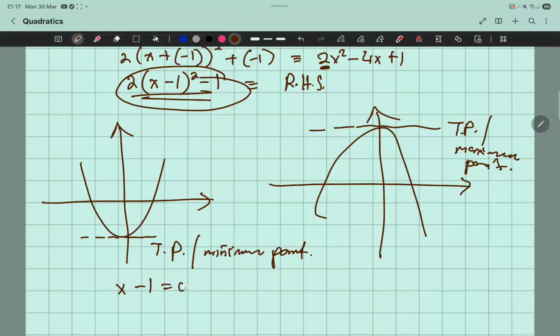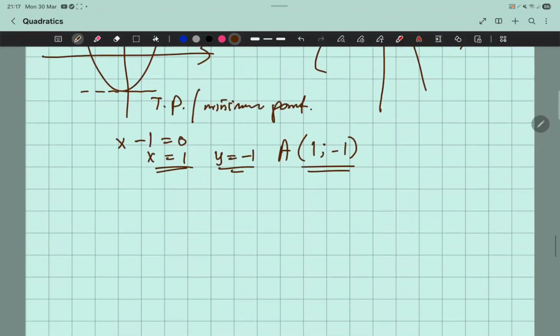So x minus 1 equal to 0, x is equal to 1. So the x coordinate is 1. Then for the y coordinate, you just take the number that is there, that is c, as it is. In this case it's negative 1. So y equal to negative 1. So the coordinates are 1, negative 1, and because this is the minimum point, it is called a minimum point.